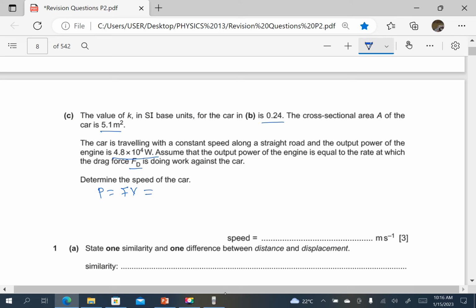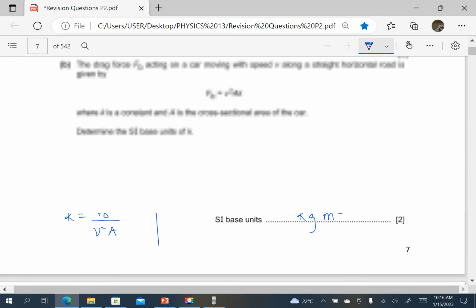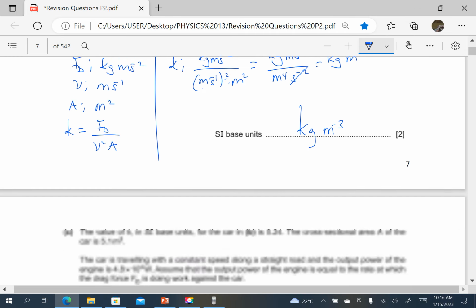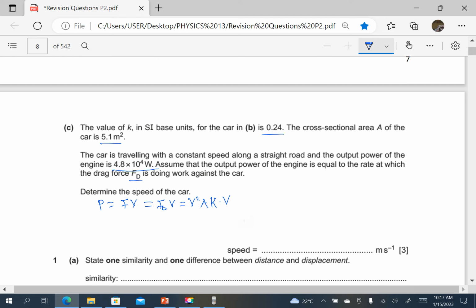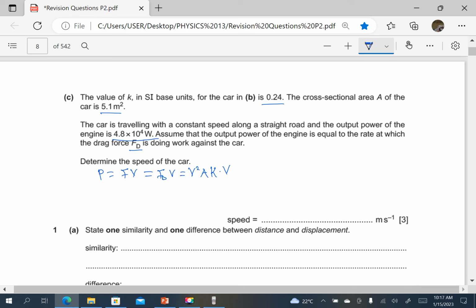So this would be Fd times v, but Fd is given above by an equation which is v squared A K. So this is v squared times A times K, again times v. So it becomes v cubed.